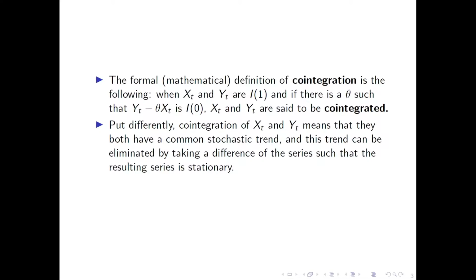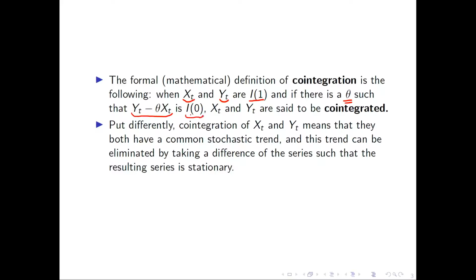A more formal way of expressing this is just assuming that the time series xt and the time series yt, they are I1, which means that they have a stochastic trend. And then you can assume that there is a number, theta, such that the linear combination of yt minus this number times x is stationary.